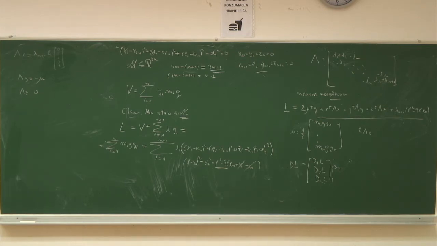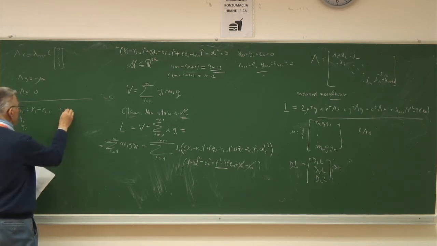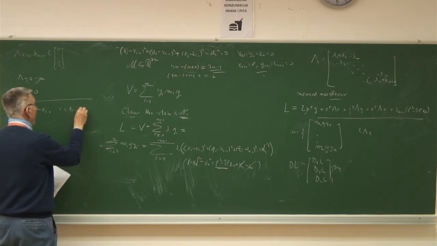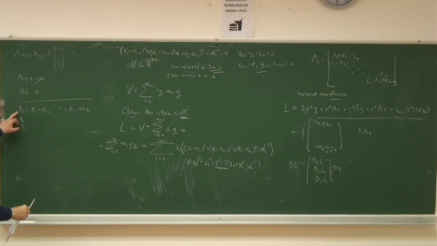Now I will introduce the new variables, which you would probably remember from the analysis of the regularity. We will take xi, eta, zeta equal to x_i minus x_{i-1}, and so on, for i equals 1 to n plus 1. But now those xi_i, eta_i, and zeta_i also have some conditions.